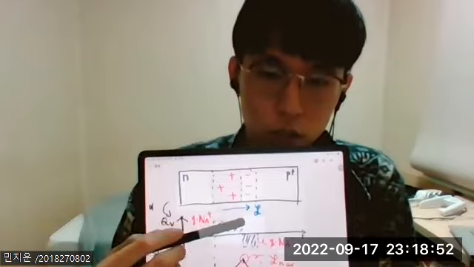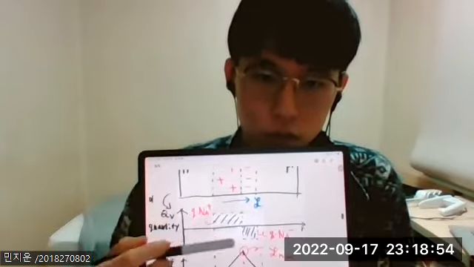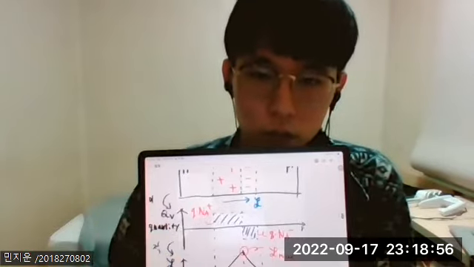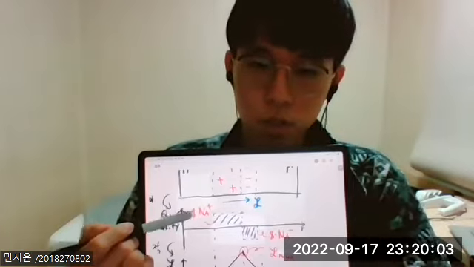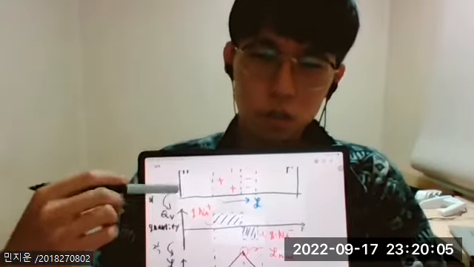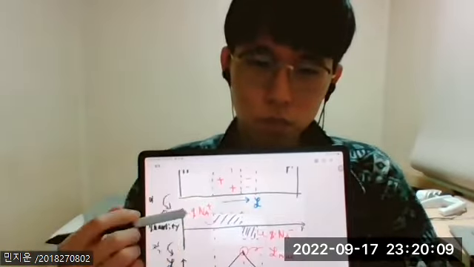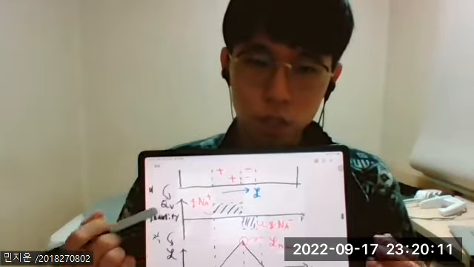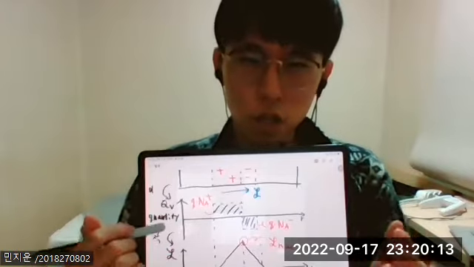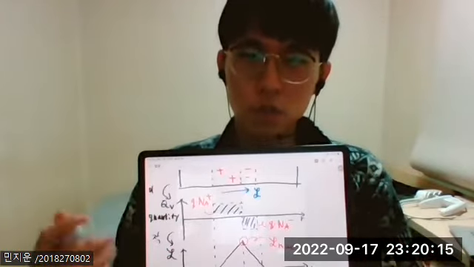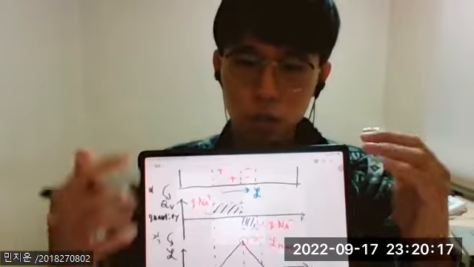If the electric field is differentiated by the Poisson equation, you can get the total quantity of electron charge.